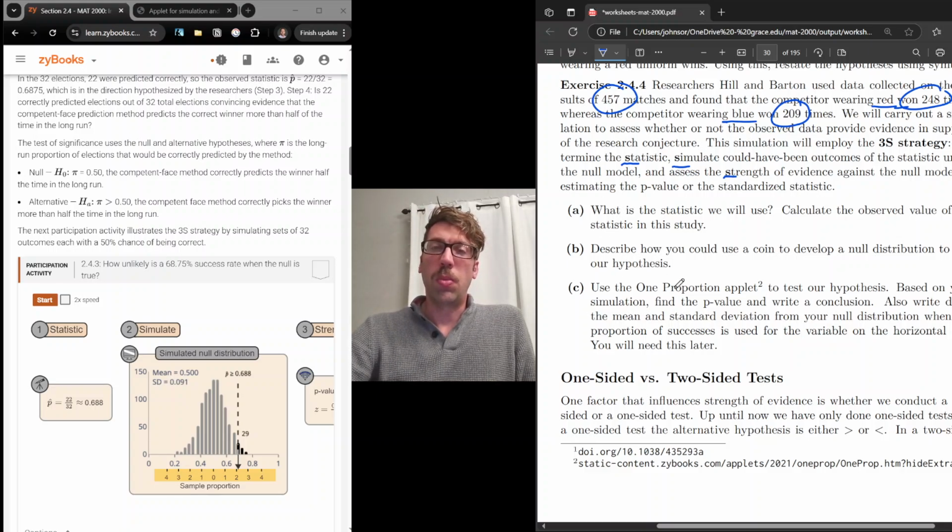Then we're going to use the one proportion applet to test our hypothesis. That is linked as a footnote, and also you can get to it on Canvas under student resources, applets, one proportion applet. I've already got it pulled up right here.